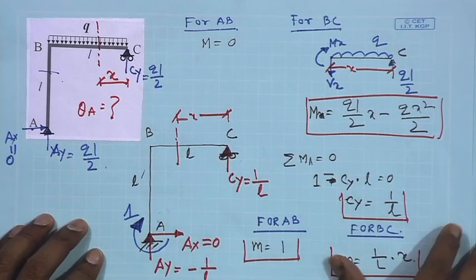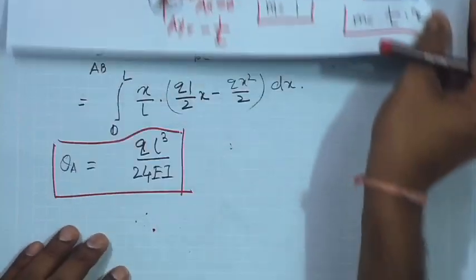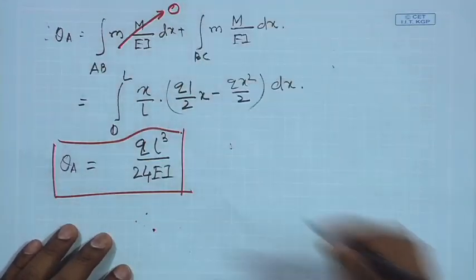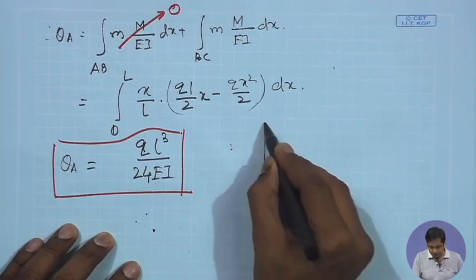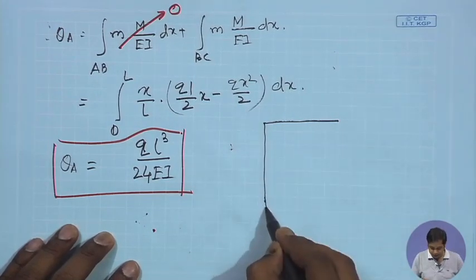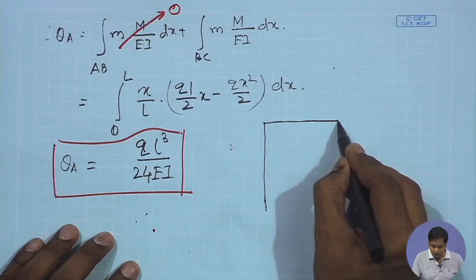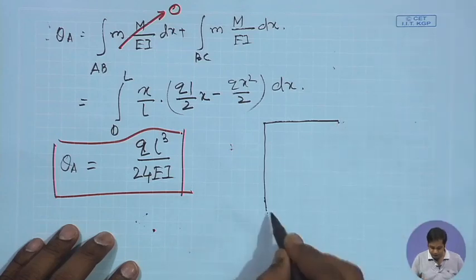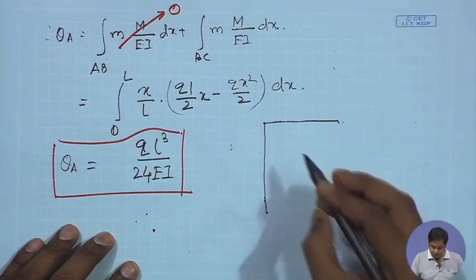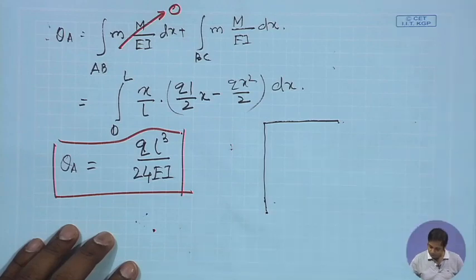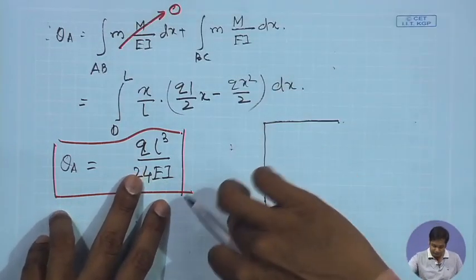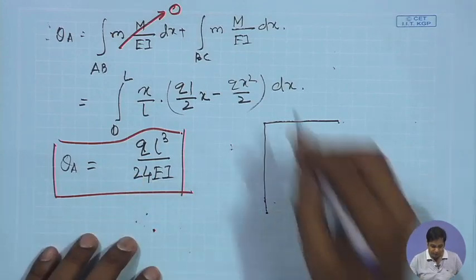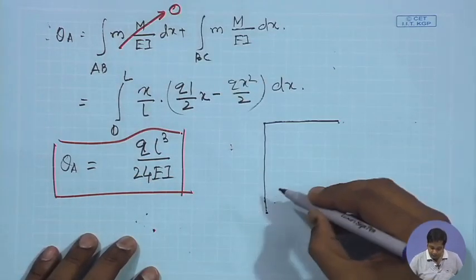Now, let us find out what could be the probable deflected shape for this structure. It is something like this, and this point is hinge, this point is roller. So, this point can move in this direction, and since this point is hinge, and also we obtained that theta is positive, the rotation will be in this direction, at least that is the applied unit load.